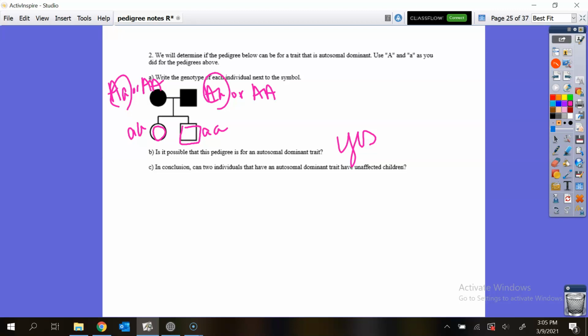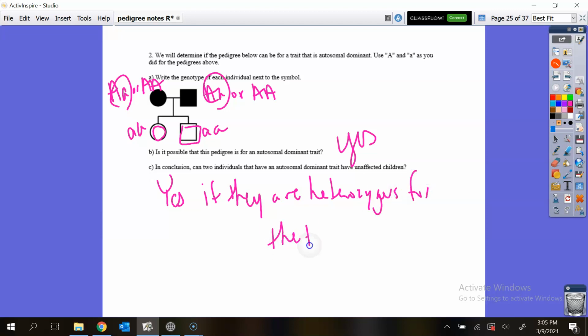So can two individuals that have an autosomal dominant trait have unaffected children? Yes, if they are heterozygous for the trait, right? Their children could receive both of their recessive alleles.